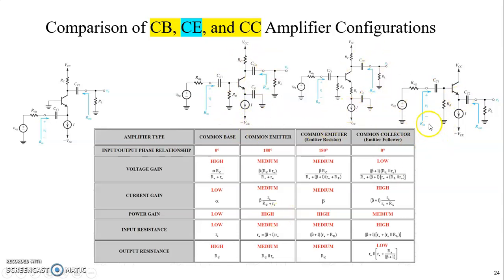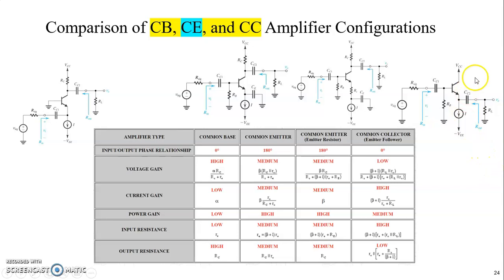Your solution can be a combination of more than one of these. For example, if somebody asks me to design an amplifier to drive a loudspeaker, for let's say a voltage gain of 10, and current gain also needs to be in the medium range, not high, not low, but at least medium.